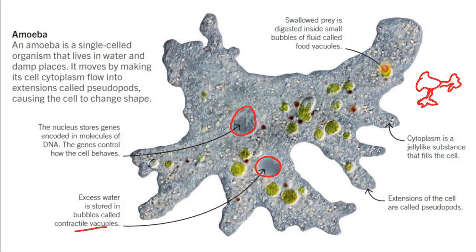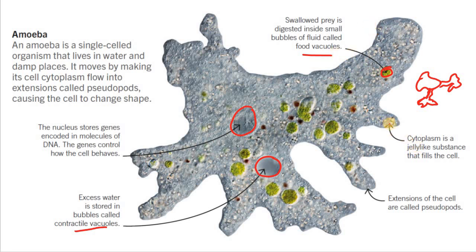Also, you see these small portions, basically the amoeba can swallow the prey, and the swallowed prey is digested inside these small bubbles of fluid called food vacuoles. So one is contractile vacuole, next is food vacuole.